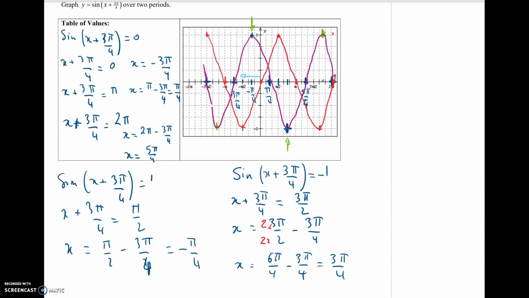When you look at the function sine x in red right here, and the function sine of x plus 3 pi/4, you realize that the point in blue at x equals 0 has shifted to the left by 1 pi/4, 2 pi/4, 3 pi/4, and now this is the new point, and all the points have shifted 3 pi/4 to the left.